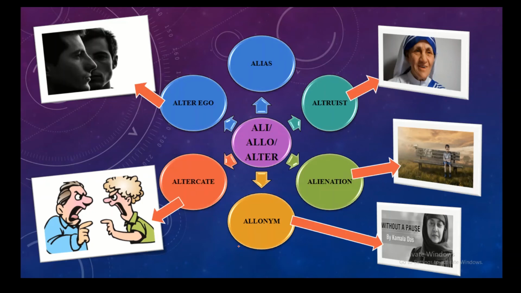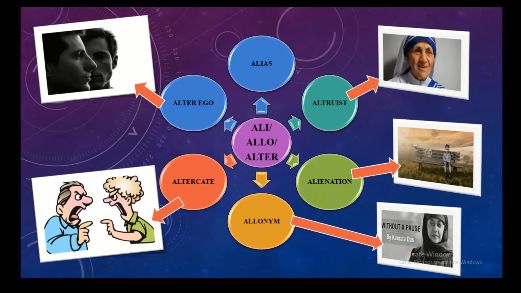Next one is allonym. Allonym meaning the name of another person taken by an author as a pen name. Okay, so the name of another person taken by an author as a pen name. Here see the picture. Who is she?